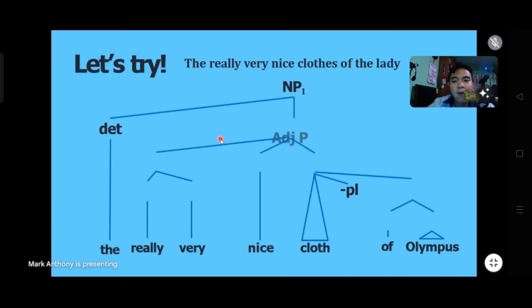Next that we have is the main adjective phrase, the sentence, in which it is divided into different subconstituents. Again, we have the adverb phrase because there are two adverbs that modify the adjective, modifying the noun in the sentence.